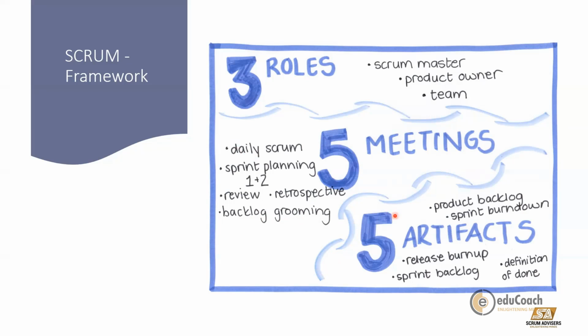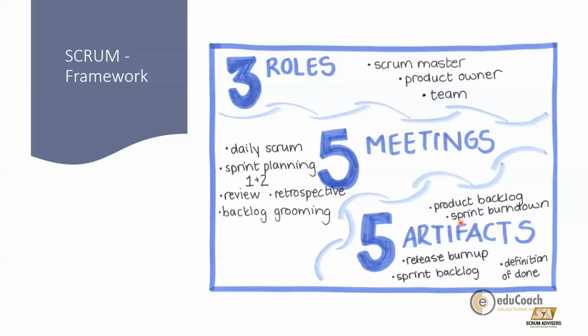And it has 5 artifacts. Again, here I've mentioned 5, but the Scrum Guide would mention only 3 artifacts. Artifacts are the documents which are required for keeping the Scrum framework transparent. So according to the Scrum Guide, we have the product backlog, we have the sprint backlog, and we have something called definition of done.